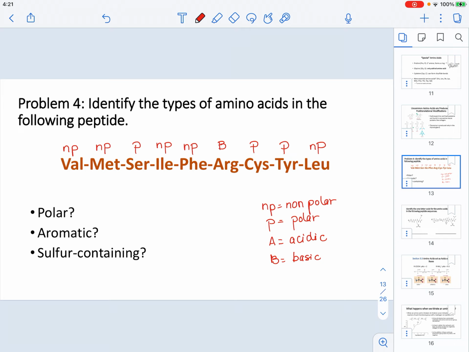In essence, understand that they are going to contain a benzene ring in their side chain. When it comes to this, and let me just use the highlighter tool. Out of my polar, as you can see, I have serine, I have cysteine, I have tyrosine.